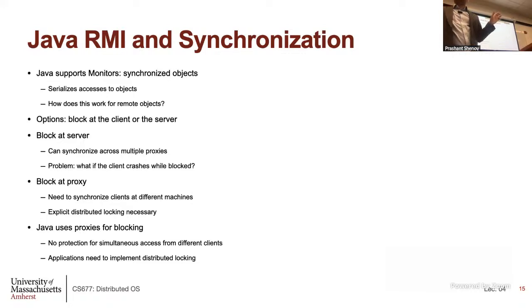In the Java world, locking is also straightforward because you have this keyword called synchronized. If you stick that word synchronized in front of any method you write in an object, that method automatically gets a lock, which means that only one thread can execute that method on that object at any given time. If there are multiple invocations of that method at the same time, the locking will take care of ensuring that only one thread is executing in that method.